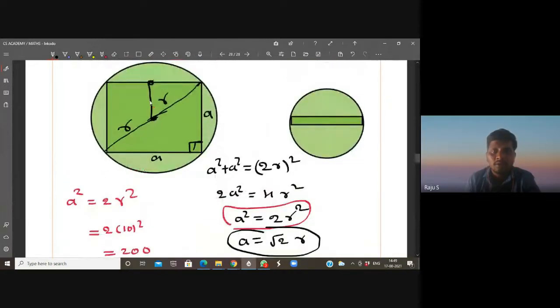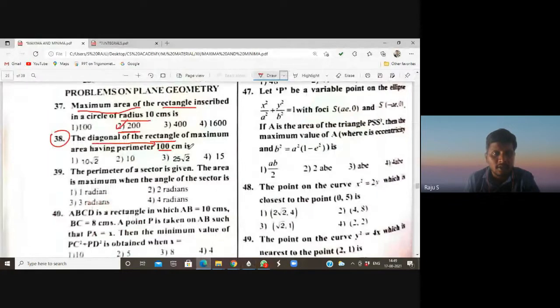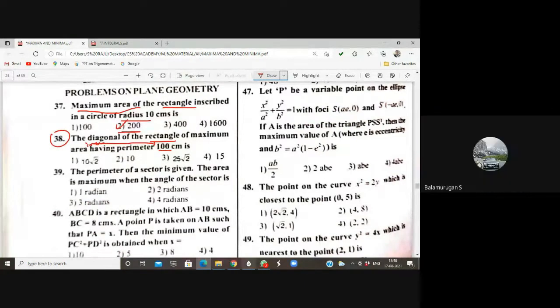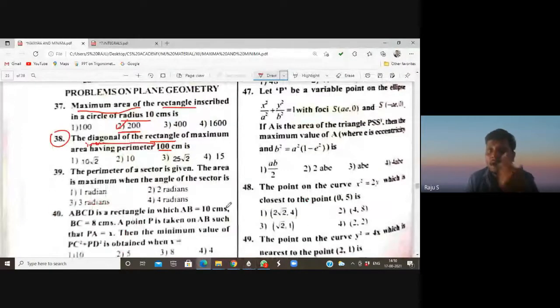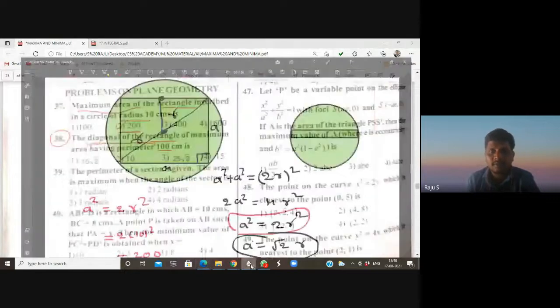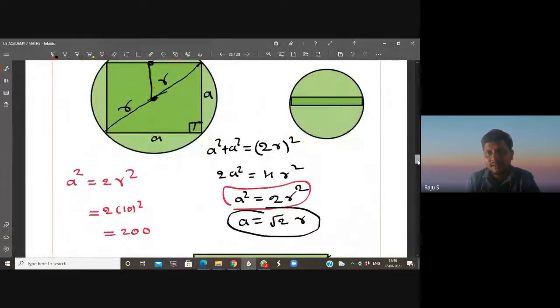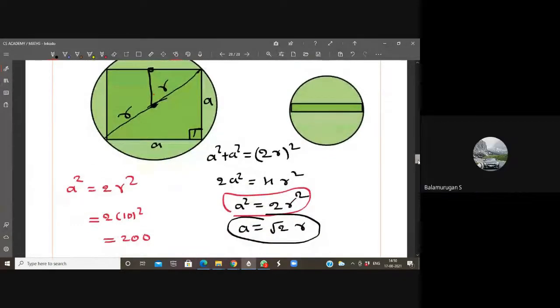The maximum area is always given by the square here; they should give the circle. Sir, only in a circle does the square give maximum area, or will it always be a square, sir? Always square only. Okay, sir.